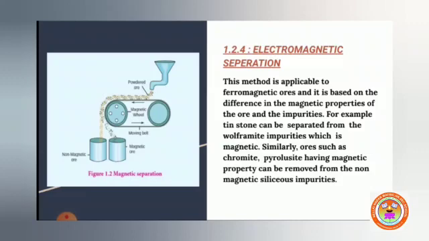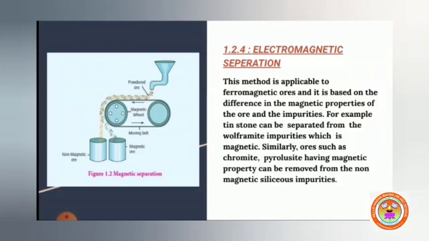These ores contain siliceous matter as impurities, which is non-magnetic. So the magnetic chromite and pyrolusite can be separated from the non-magnetic siliceous impurities by magnetic separation. Study the examples thoroughly for the 1 mark part.